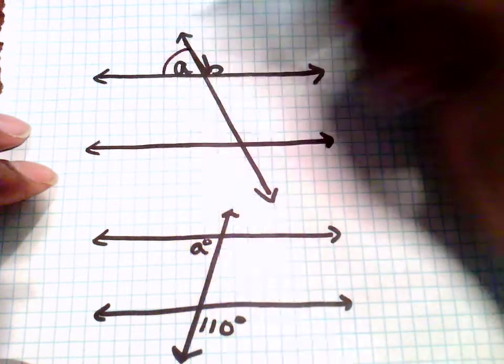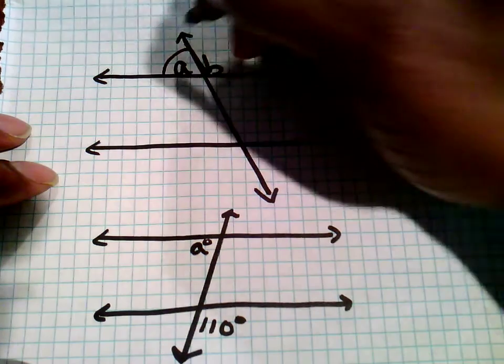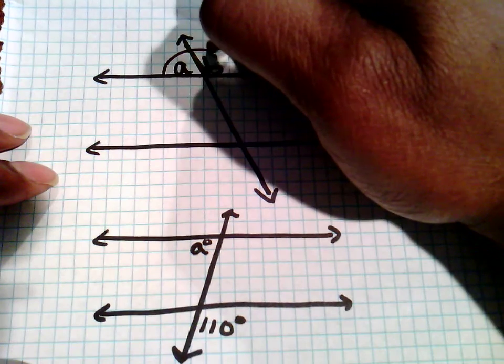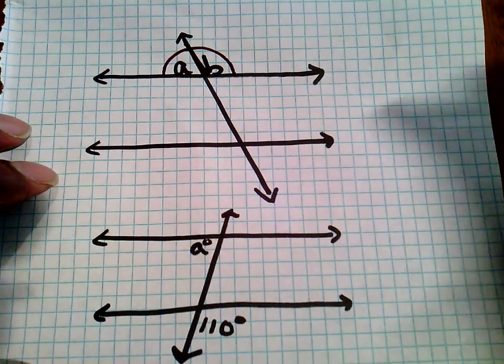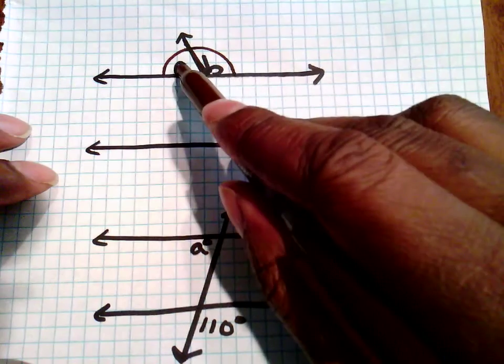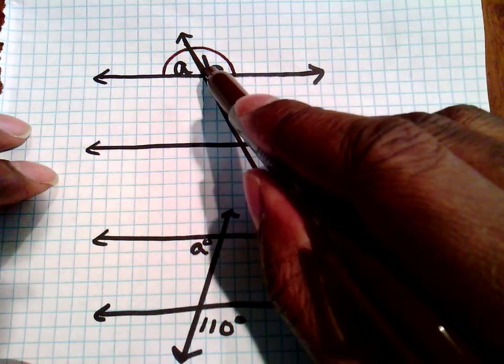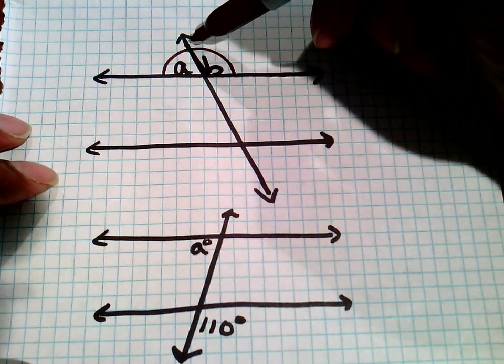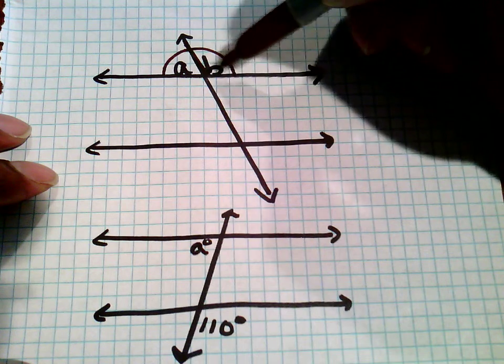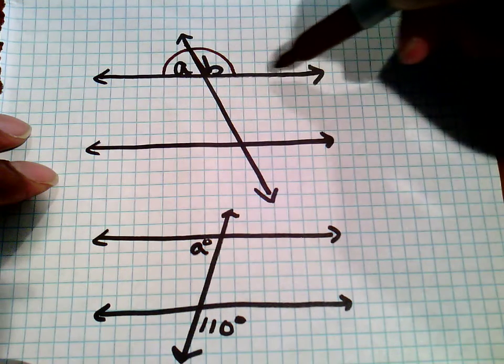Here is angle A, and here is angle B. And notice that if we put these two angles together without our transversal, what we get is a straight line.